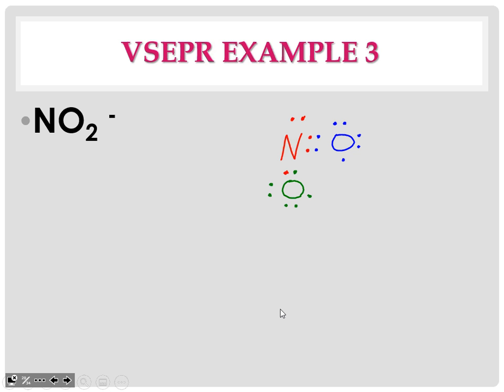So now, nitrogen's obeying the octet rule. That oxygen, I got 1 too many electrons there. That oxygen is now obeying the octet rule. But the bottom oxygen is still not happy, correct?